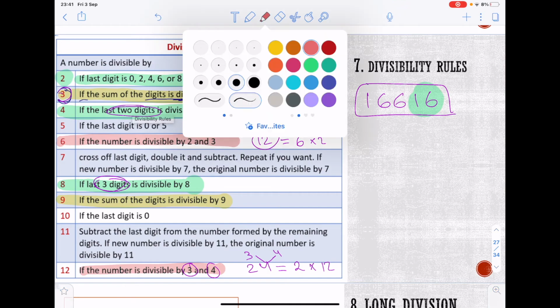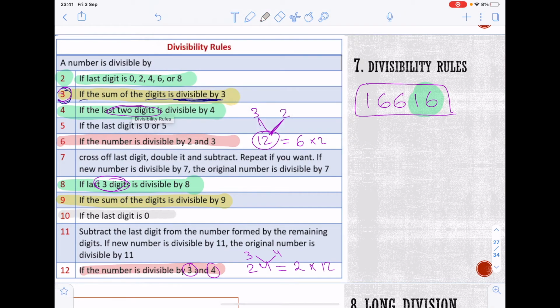Let's see here. We have the divisibility by 10. Divisibility by 10 and by 5 are a little bit similar because we look at the last digit. For 5 the last digit should be 0 or 5, and for 10 it should be 0. You can memorize that. When you look at the times table 5, you will see that the ones digit of all the numbers is either 5 or 0.